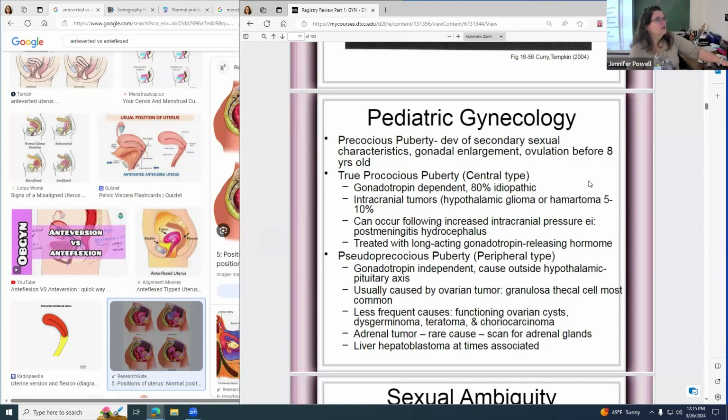So for it to be true precocious puberty, the pituitary has to be involved, has to be creating those gonadotropins, which are signaling the ovaries to mature an egg for ovulation. 80% of the time it is idiopathic. We don't know why it happens.